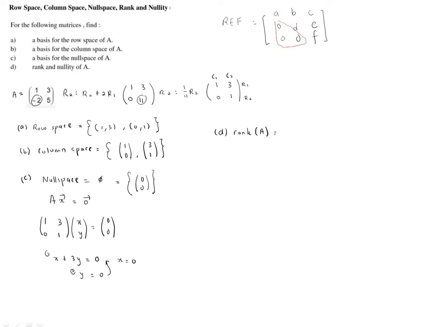Column space we have 1, 2, also 2. So 2 in row space and 2 in column space. So rank A equals 2. And one more, the nullity. Nullity of matrix A. If rank is the dimension of the row space and column space, nullity is the dimension of the null space. But here, it's 0.